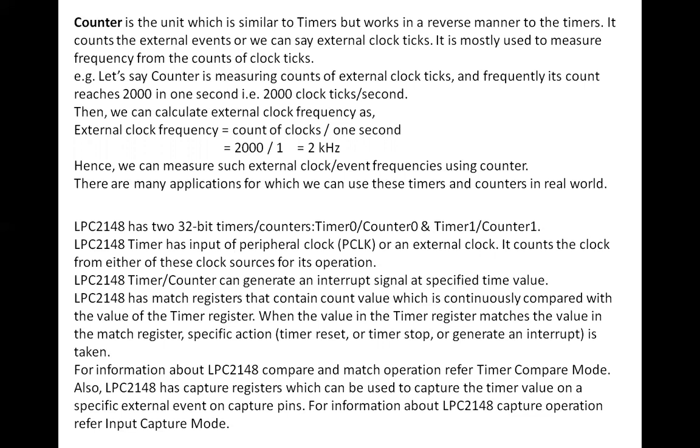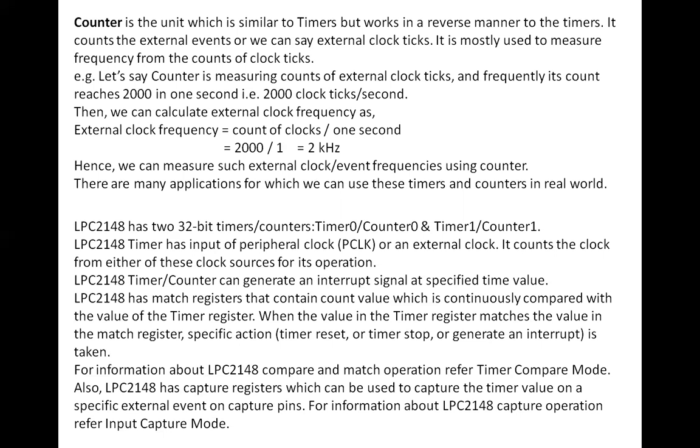It is mostly used to measure frequency from the counts of clock ticks. Let's say a counter is measuring the count of external clock ticks, and its count reaches 2000 in 1 second. That is 2000 clock ticks per second.